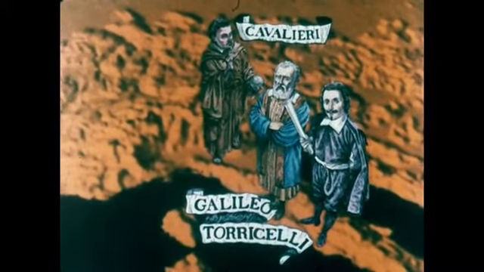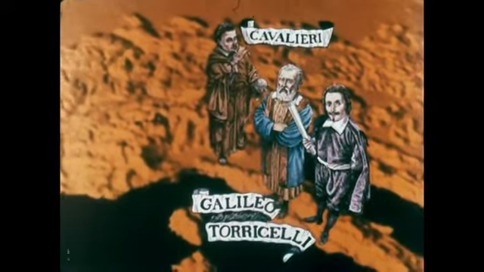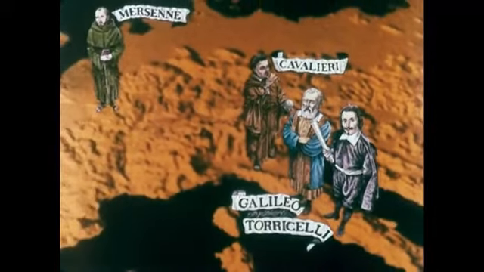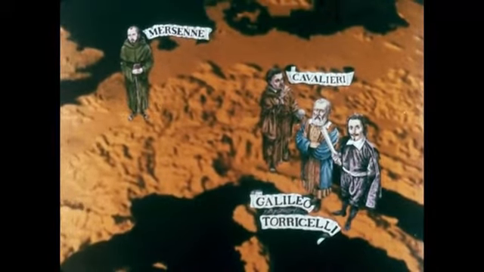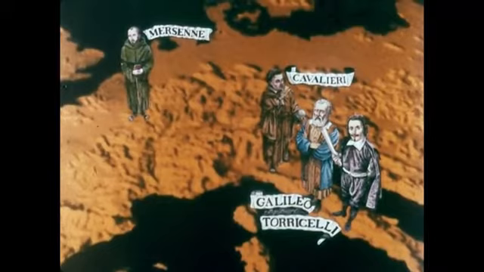There were no daily newspapers or scientific journals to carry the message of what Galileo and Torricelli were doing, but fortunately there was a Minim friar by the name of Marin Mersenne in France who served as the universal correspondent of scientists in Europe, and he told the French mathematicians what the Italian mathematicians were doing. In particular, he told Roberval, a French mathematician, of the work on the cycloid, and Roberval became fascinated in this problem.